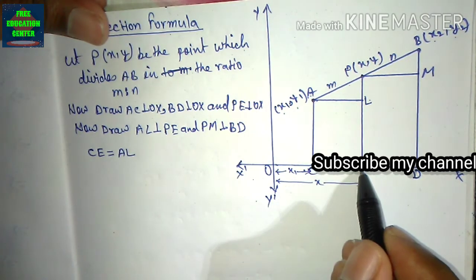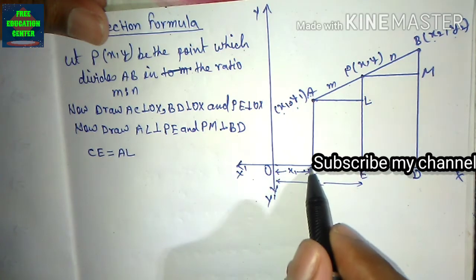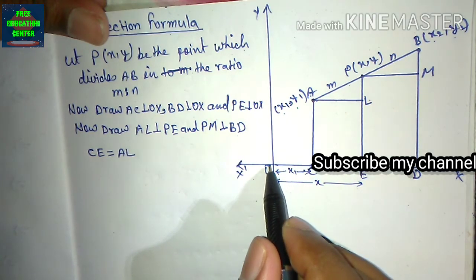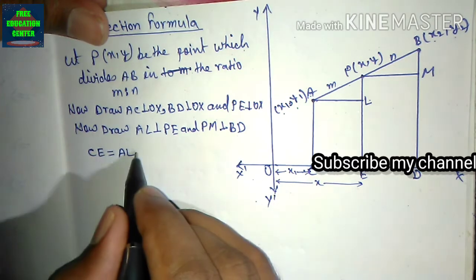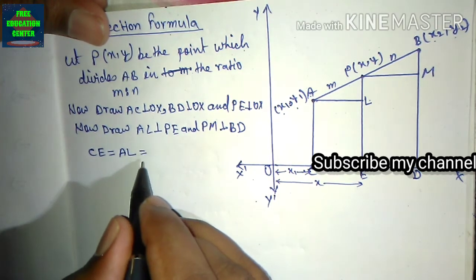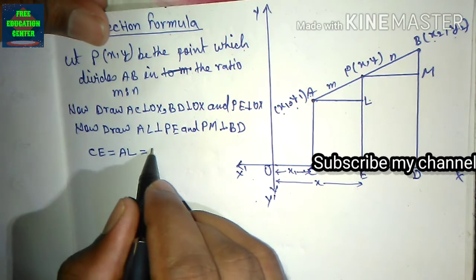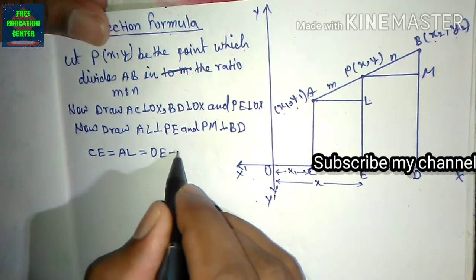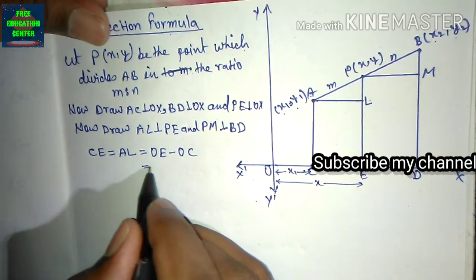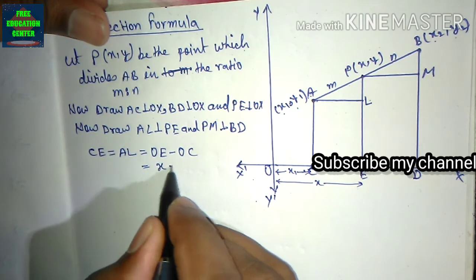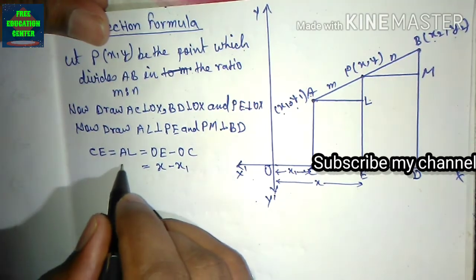So CE equals EO minus CO, which is OE minus OC, which gives x minus x1.